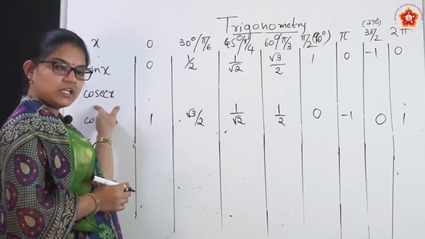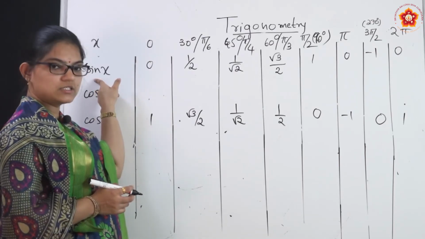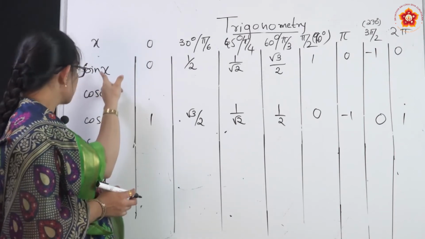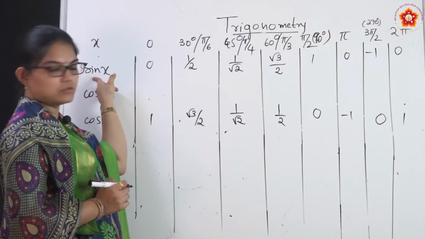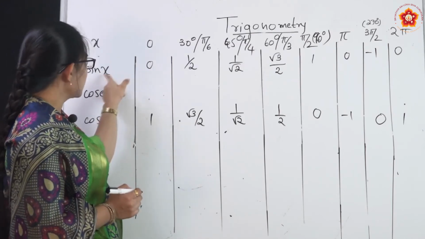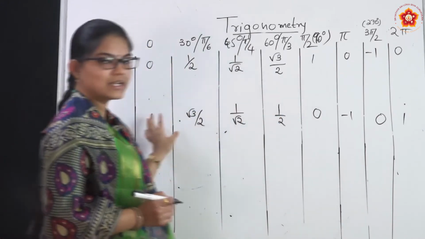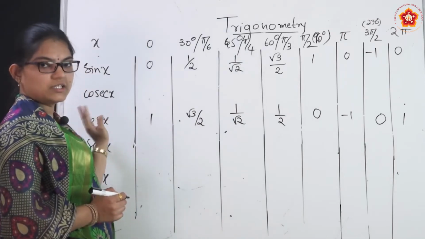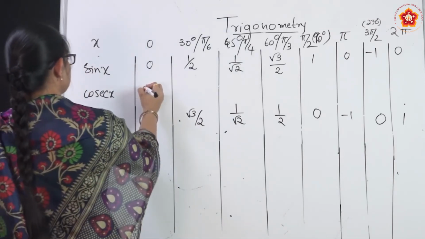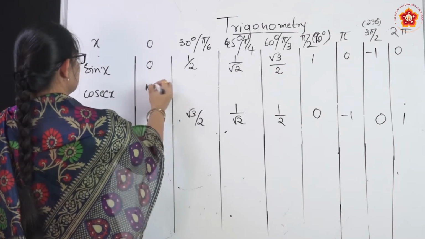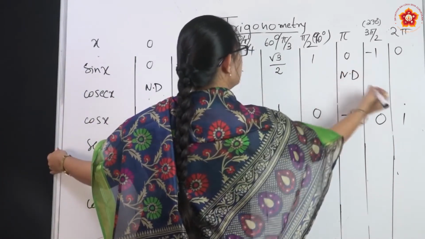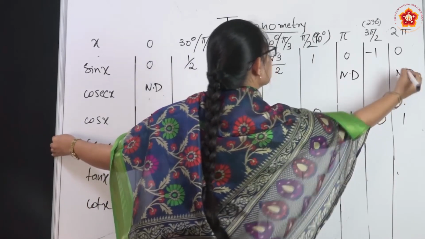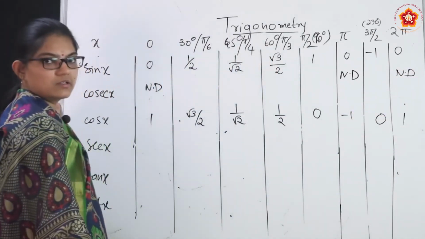And cosecant x is defined for sin x not equal to 0, right? So cosecant x is not defined where sin x is equal to 0. So let us write that first. At 0 cosecant x is not defined, at pi and 2 pi cosecant x is not defined, correct.